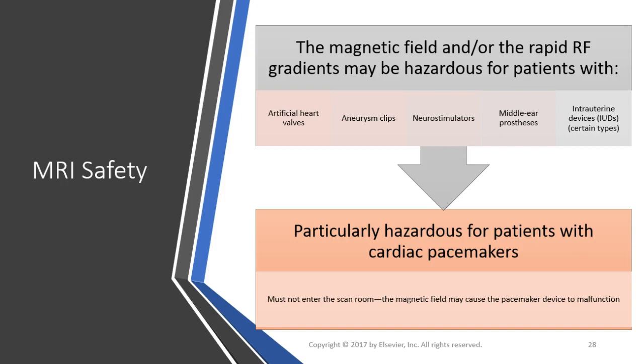So this is kind of old school. The newer train of thought is that there are MRI conditional pacemakers, which means that they can go in the magnetic field as long as the technologist pays attention to the particulars of what the company who made the device states.